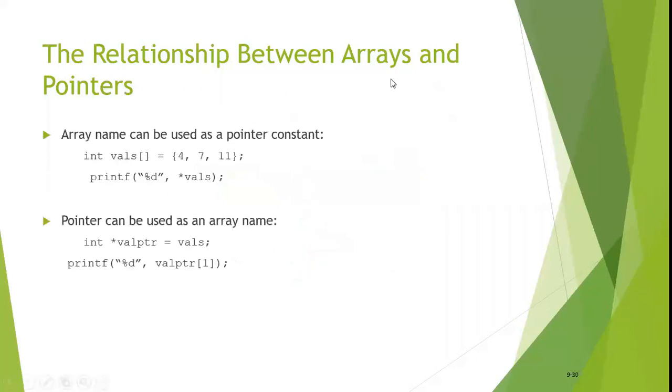Next is the relationship between arrays and pointers. Now, array name can be used as a pointer constant. How? Let's suppose I'm having a vals array 4, 7, 11, right? If I write printf asterisk vals, it will give me what?